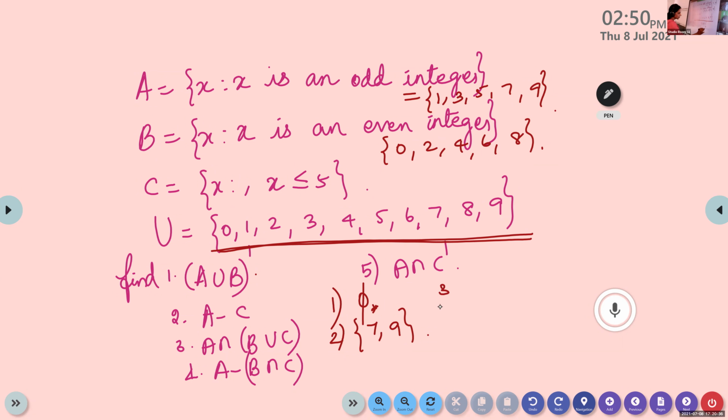What about the third one, Shabari? A intersection B union C. 1, 3, 5. Yes, it is the set 1, 3, 5.